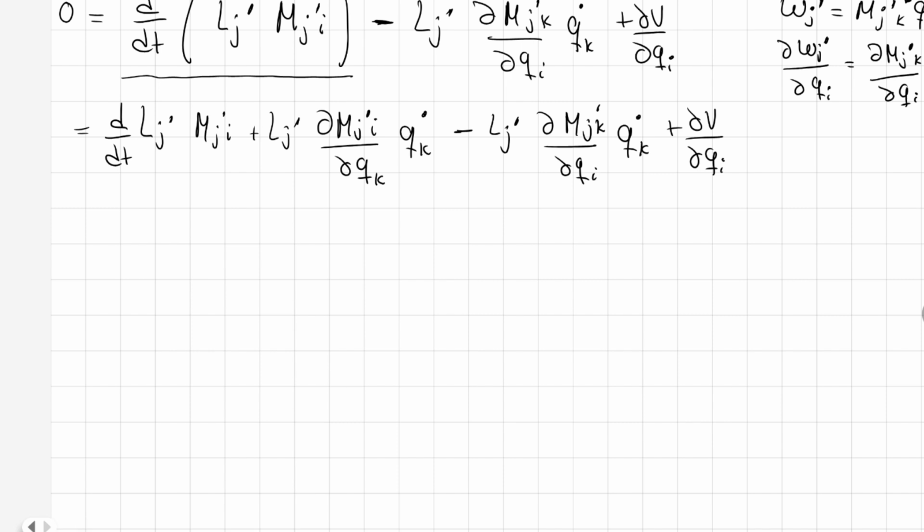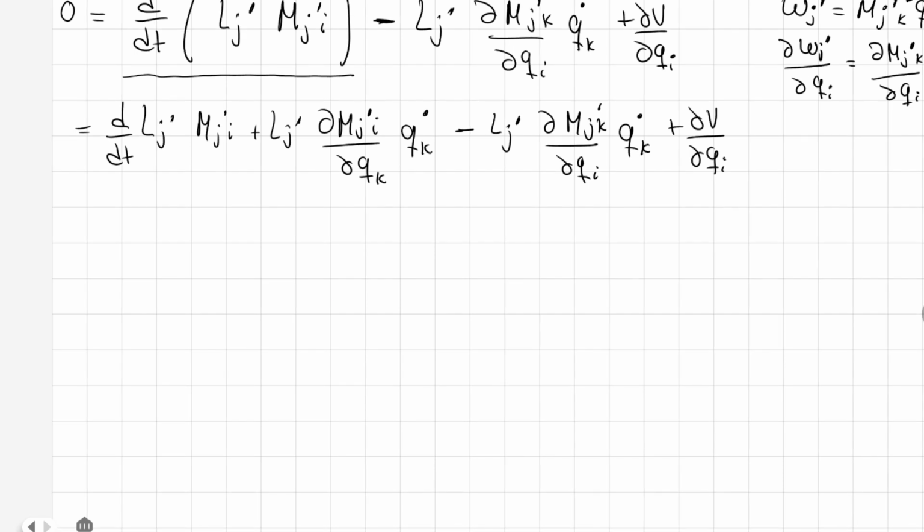So, as you can see, we have a common factor l_j here. So we are going to take that out, and actually another common factor q_k dot.